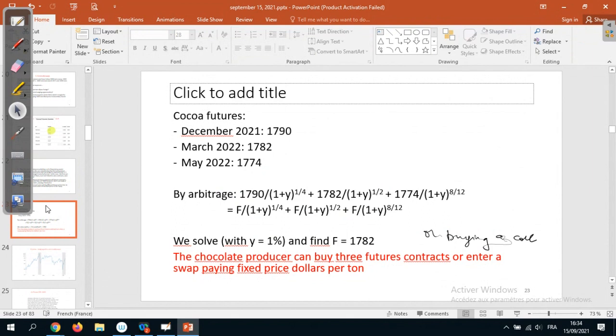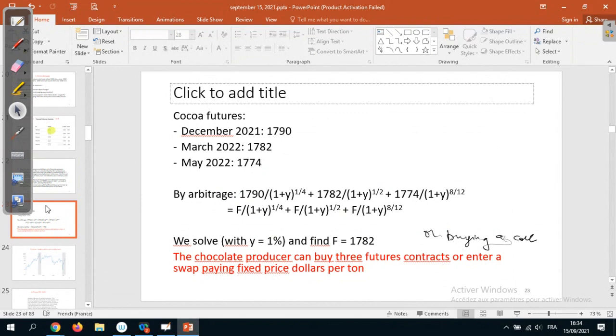So F divided by 1 plus yield power 0.25 plus F divided by 1 plus yield power 0.5 plus F divided by 1 plus yield power 8 divided by 12.